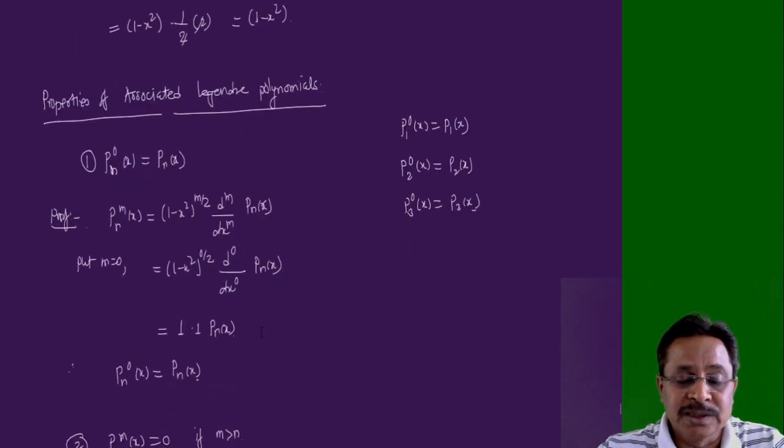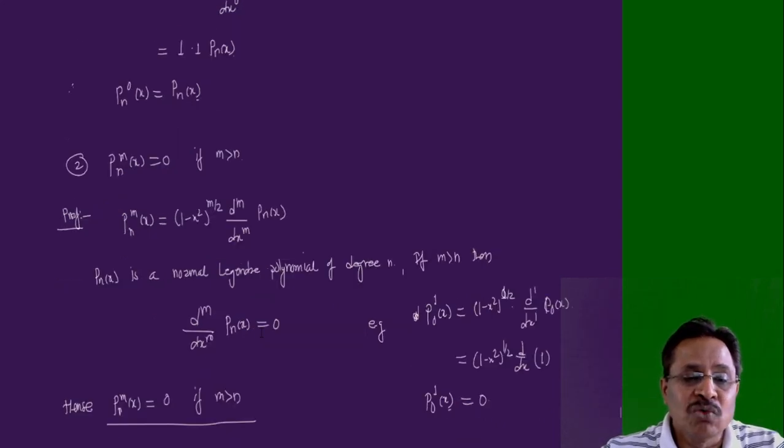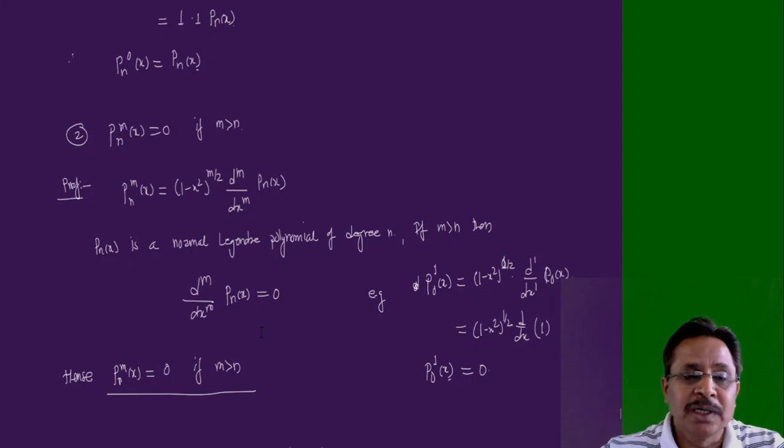Then there are two important properties. One is P_n^0 of x is equal to P_n of x, which can be shown by a simple calculation. Then P_n^m of x is equal to 0 provided this number m is more than n. And I think that is what we go for in quantum mechanics.